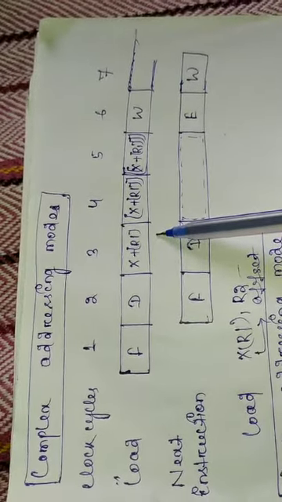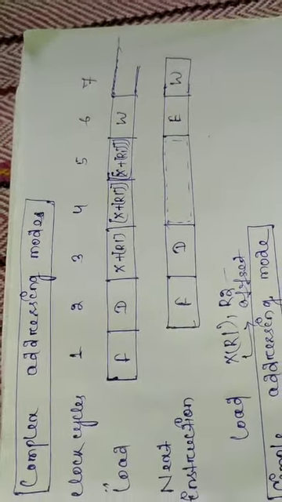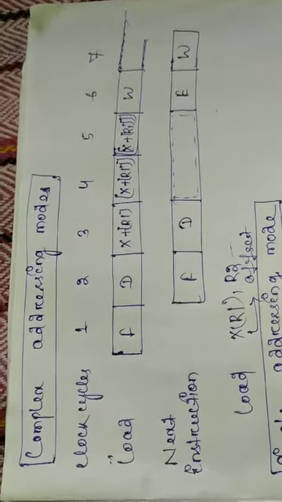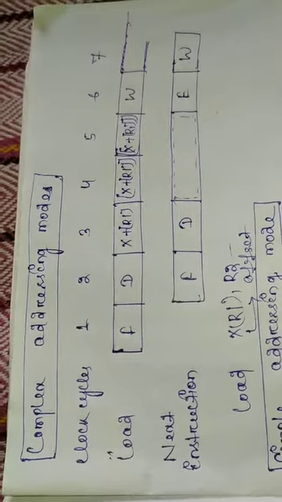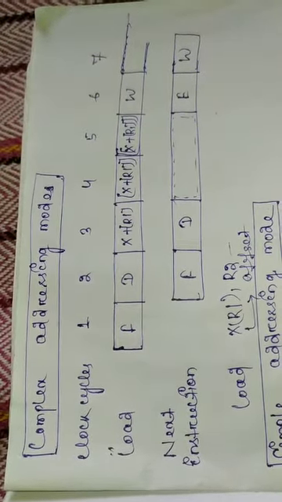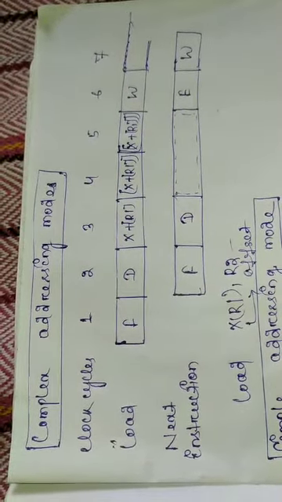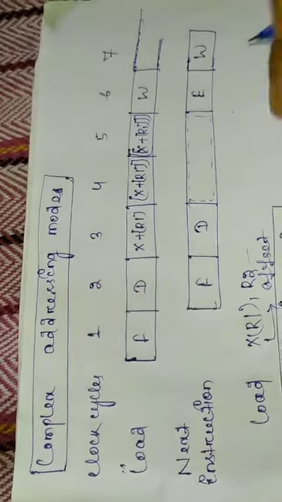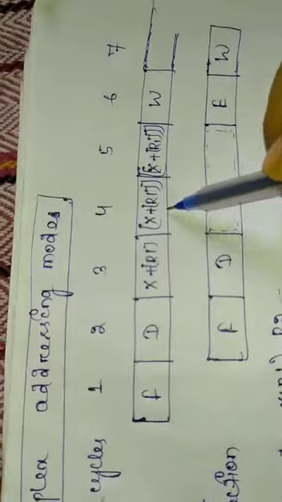The processor needs to access memory twice, because in the first access it reads the location, which is in clock cycle 4.